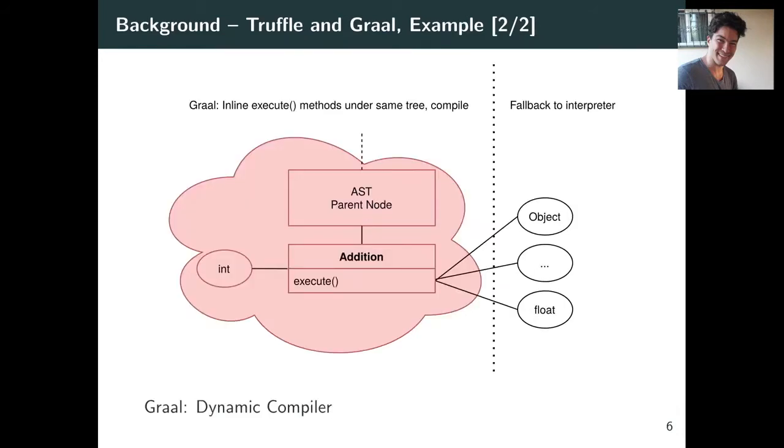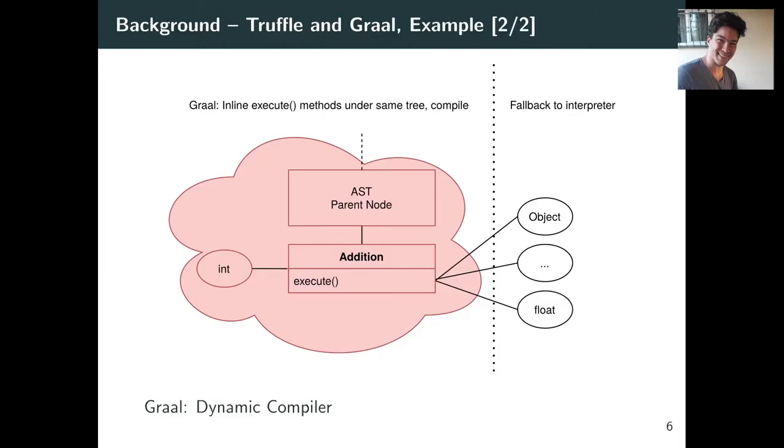At some point, this specialization selection in the AST stabilizes. And then Graal will inline all execute methods under the same tree to increase the scope to reason about, and then can perform optimizations such as constant propagation, constant folding, for instance, and JIT compile this chunk to machine code. Now, this is only speculative.